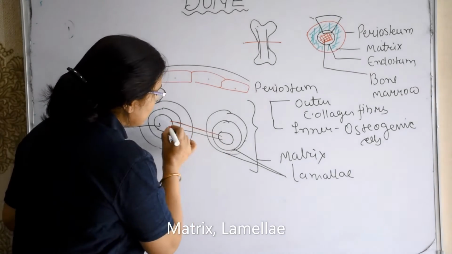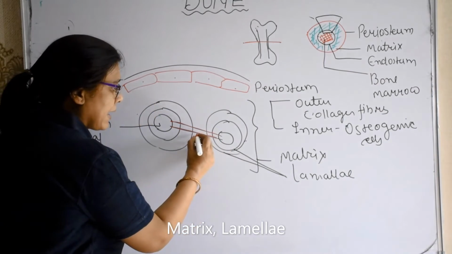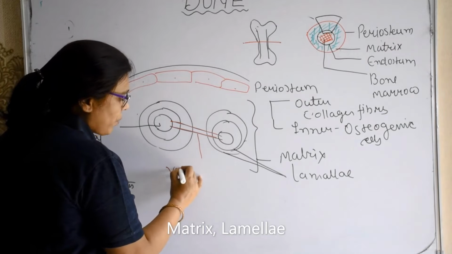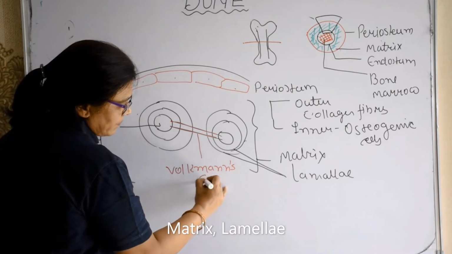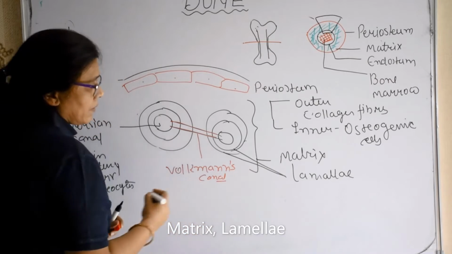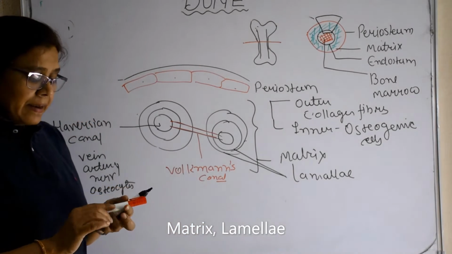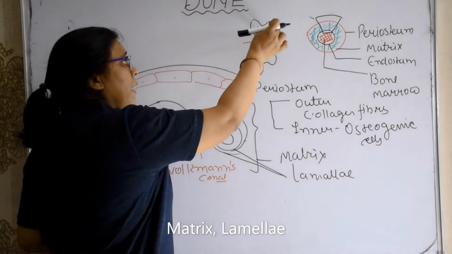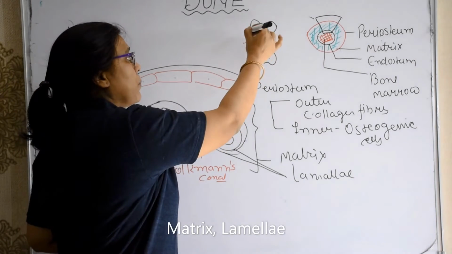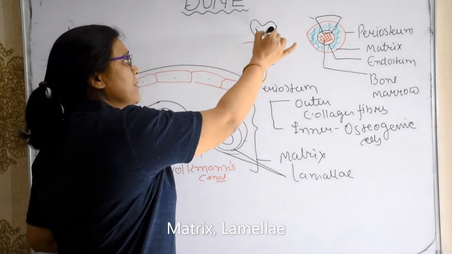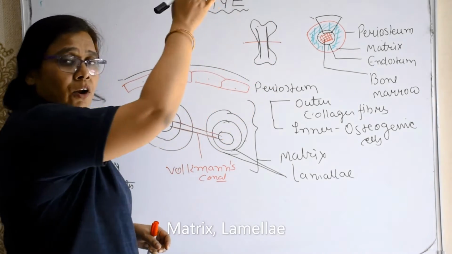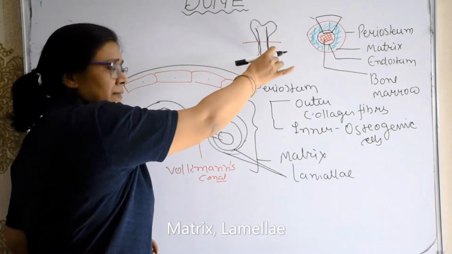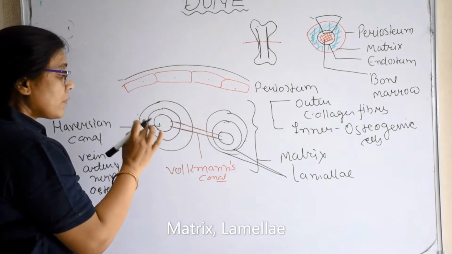So this is the transverse canal and its name is Volkmann's canal. These Haversian canals run along the long axis of the bone. This is the long axis of the bone, and Haversian canals run along the long axis of the bone.